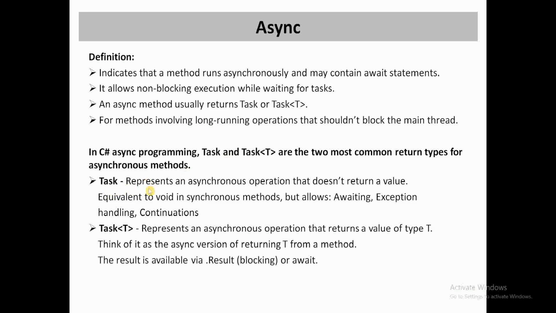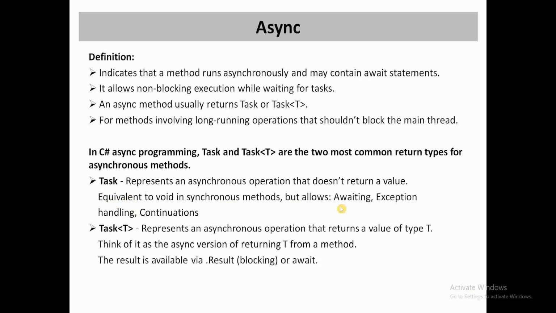First one is Task, which represents an asynchronous operation that doesn't return a value. If we do not want to return anything, we can go with Task, as I already told you. It is equivalent to void in a synchronous method. Suppose in a synchronous method we do not want to return anything, we use void, and in an asynchronous method we have to use Task.